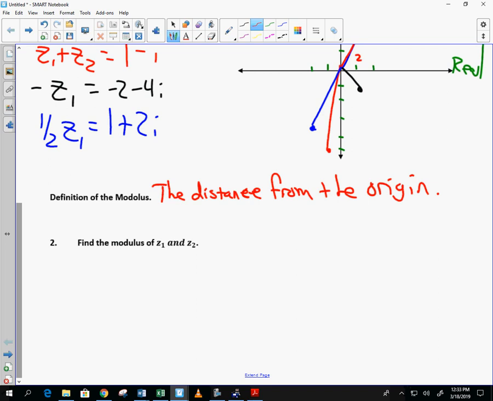Or if you were to say the absolute value of a plus bi, which we say is the absolute value of z, we use z to represent the complex number set. The absolute value of z is equal to the square root of a squared plus b squared.